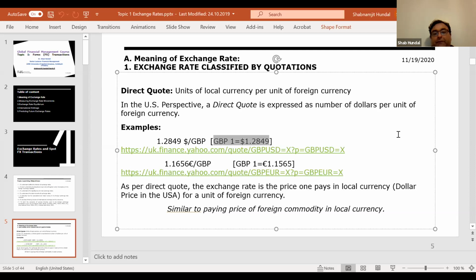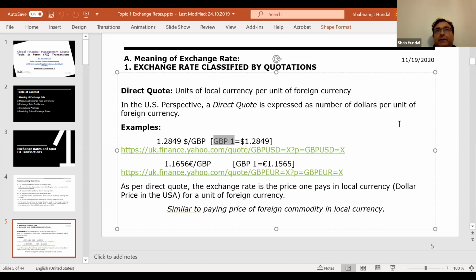Look at the first line of the definition: units of local currency. What is the local currency in the US? It's the American dollar. So it is the number of units of the local currency per unit of the foreign currency. If you're in the USA, then GBP 1 is a unit of the foreign currency. If you write like this, then this is called a direct quote, and this is the way it should be.